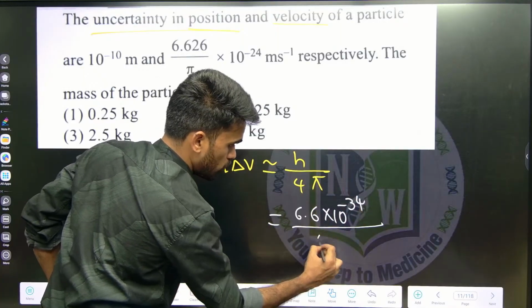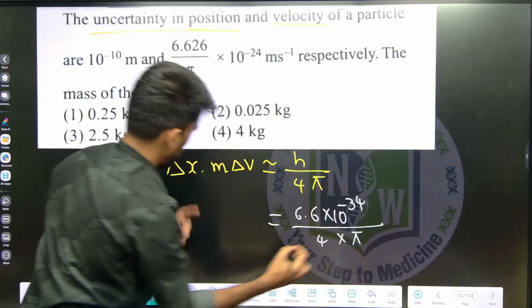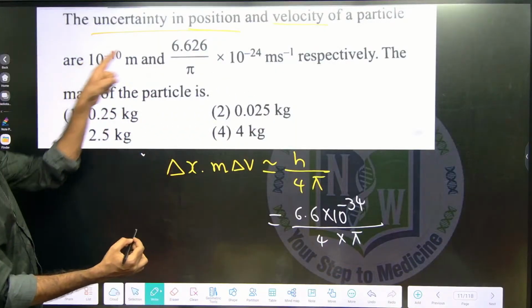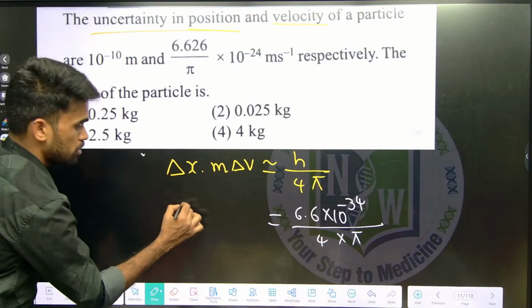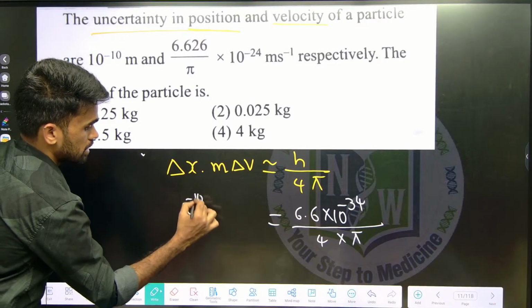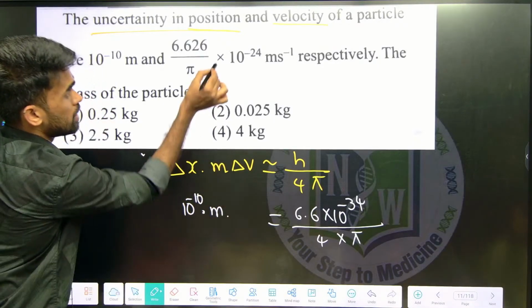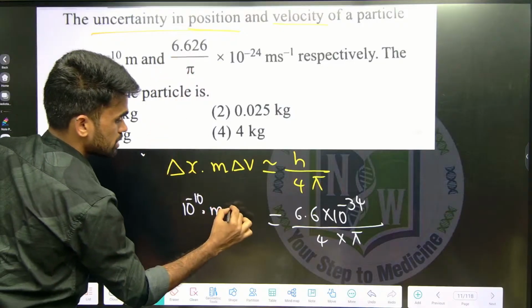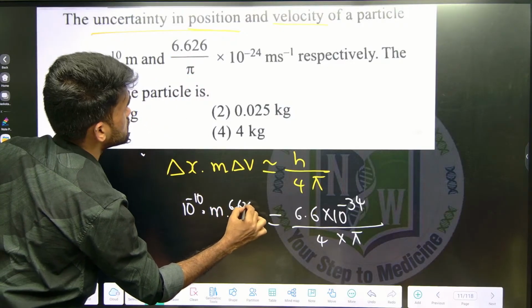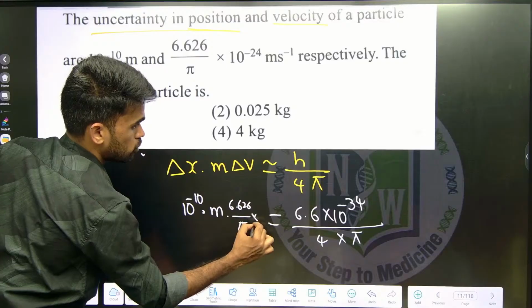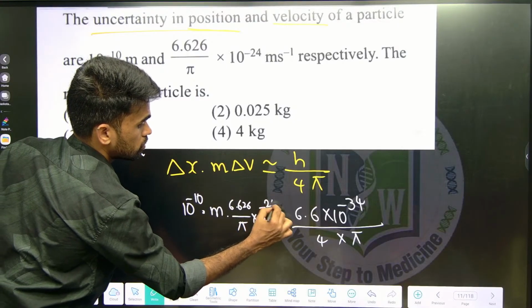Here 4 pi as it is. Next, position error is how much? 10 power minus 10. Mass we need to find. Velocity error is how much? 6.626 by pi into 10 power minus 24.